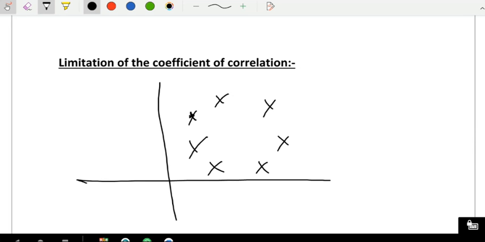You cannot draw a line. In that case, your R becomes equal to 0. This is the problem. If the variation is not linear, then we are not able to draw a linear relationship. We cannot estimate because we cannot predict the change in future, or predict the change today based on the past data. So this is the limitation of the correlation coefficient.